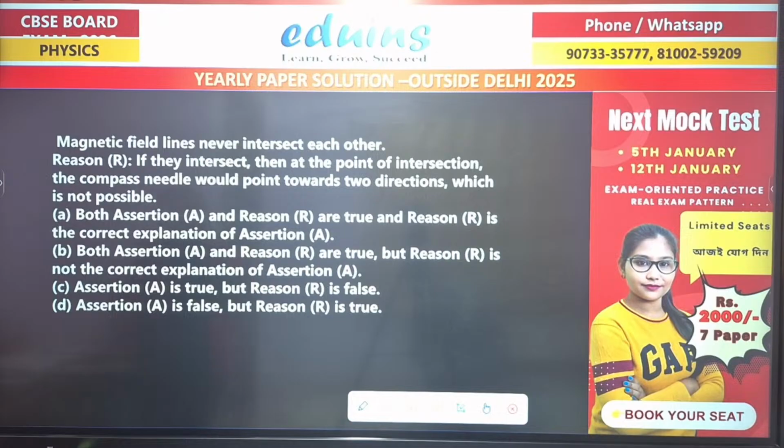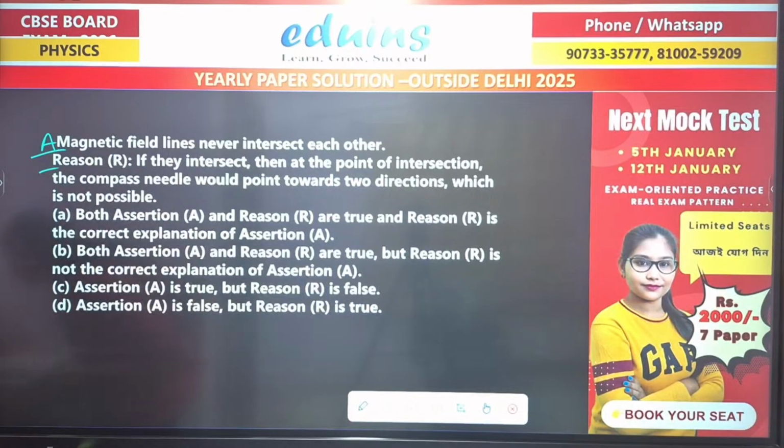Option A states that both assertion and reason are true, and reason is the correct explanation of assertion A. Option B is both assertion and reason are true, but reason is not the correct explanation of assertion A. Option C is assertion is true, but reason is false, and option D is assertion is false, but reason is true. So what will be the answer?